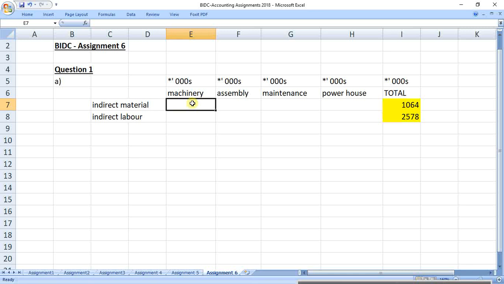They say show the basis of apportionment. So I'm either going to be using number of employees, area, plant valuation, direct hours, machine hours, maintenance hours, units of power used. If you look at the available information, do I have information for all departments looking at all of these measurements? Yes or no?